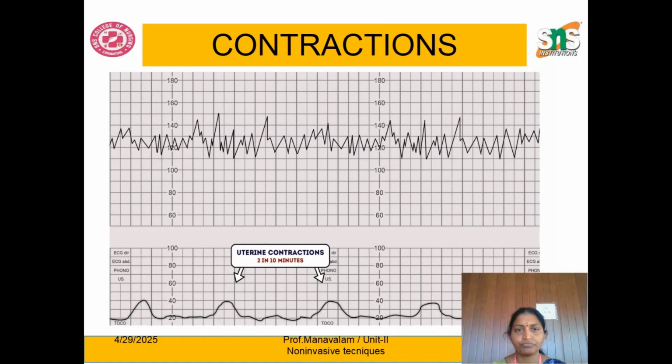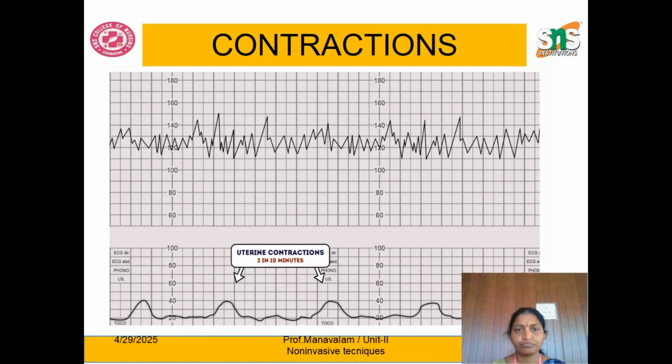Coming down, below that is the uterine contraction. In the 10 minute window period, how many uterine contractions are present? The uterine contraction is labelled as TOCO. TOCO indicates the uterine contraction.